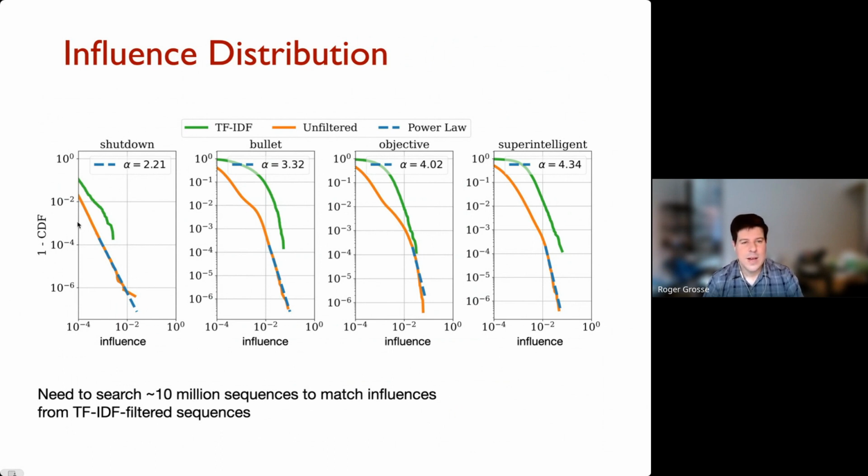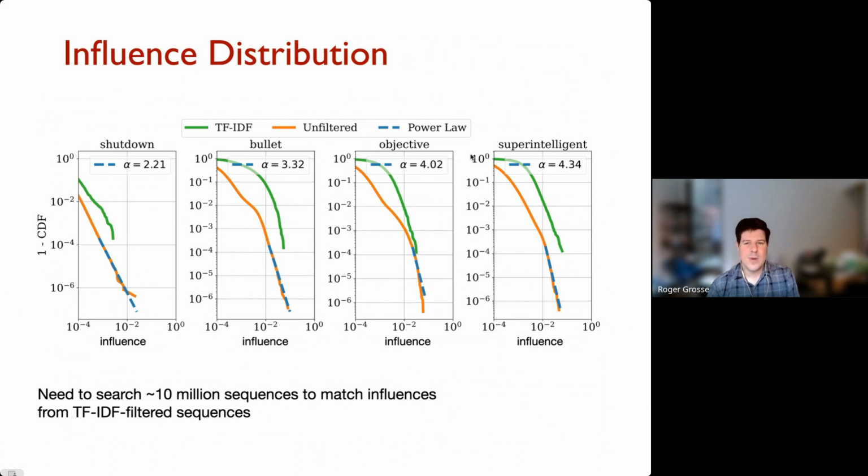And so for the unfiltered data, we have essentially a power law distribution, where an exponential increase in the influence corresponds to an exponential decrease in the probability. And this is for one particular query, the shutdown query I showed at the very beginning of the talk.